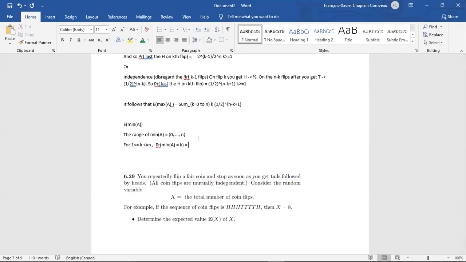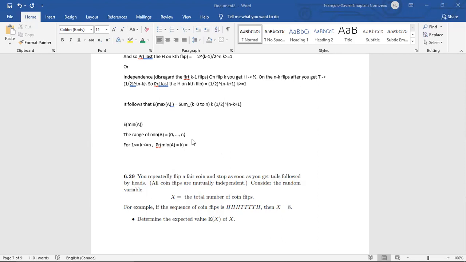So what is the key here? So if my minimum is equal to k, what needed to happen? Exactly.